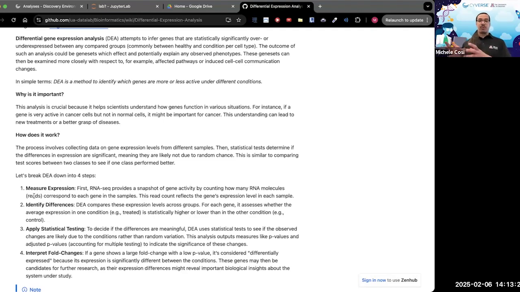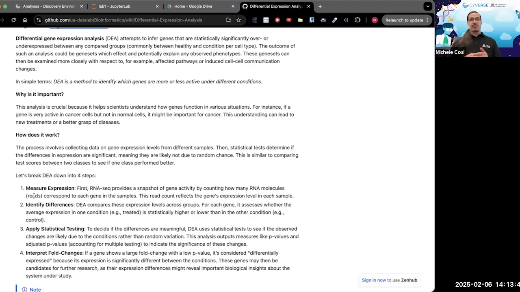Obviously, we then compare with the control groups. We then identify the differences. So we take the RNA sequencing data and we want to figure out whether there are differences between all of the people that we're getting the RNA-seq data from.